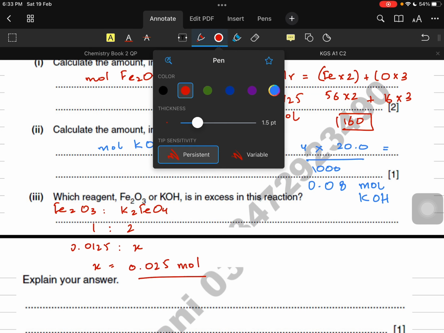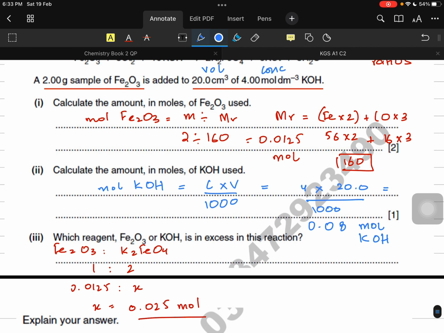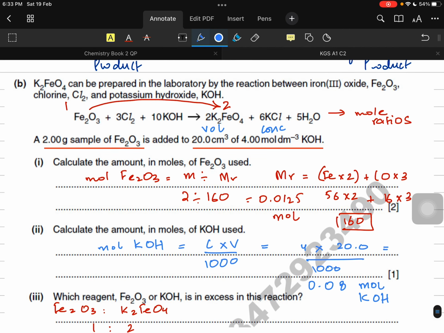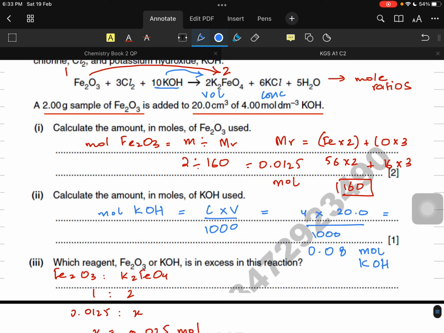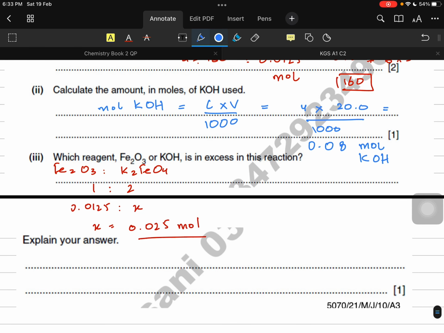For the second one, we know that KOH has to be applied with the ratio with the same product. So this time between KOH and K2FeO4, the ratio is going to be 10:2. So it's going to be the ratio between KOH over here and K2FeO4.